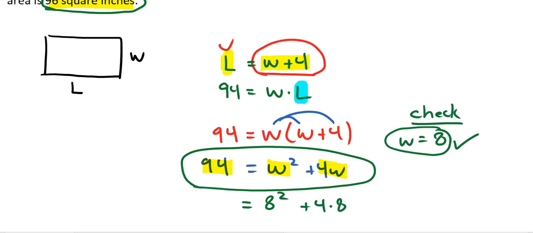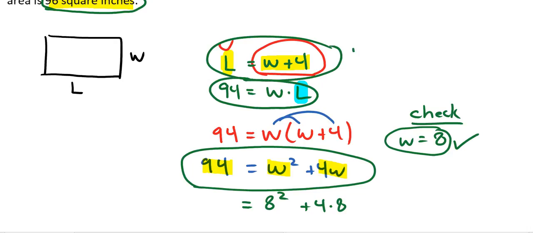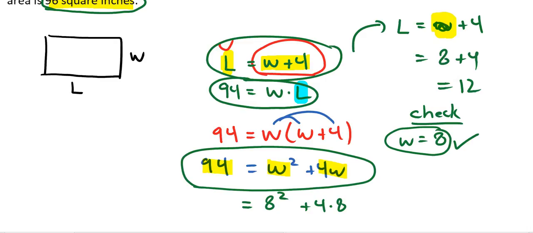And if I go back to the first expression, L equals W plus 4, I know that my W is 8. So if I do 8 plus 4, that's going to be 12. So my length is 12 and my width is 8.